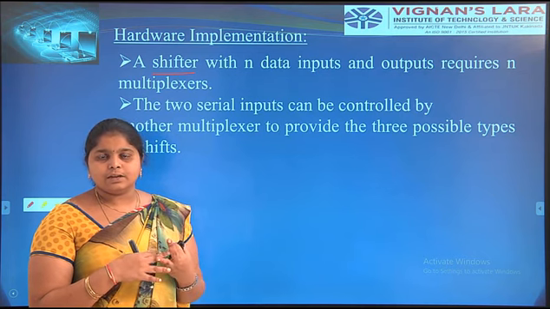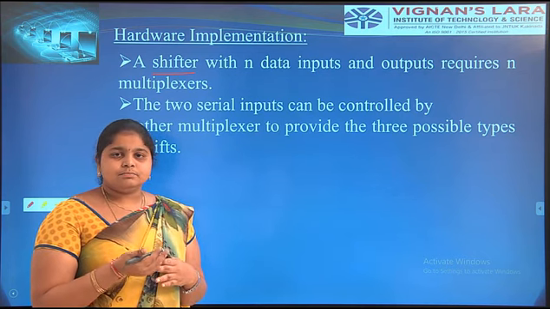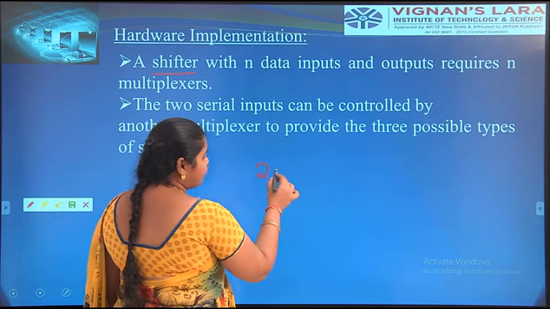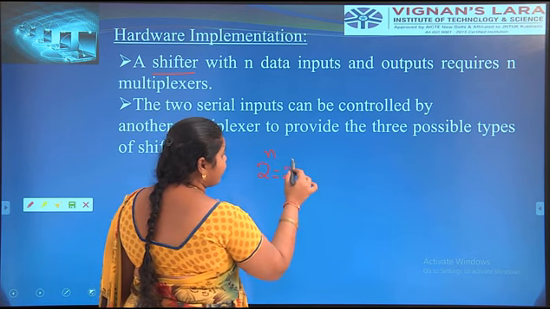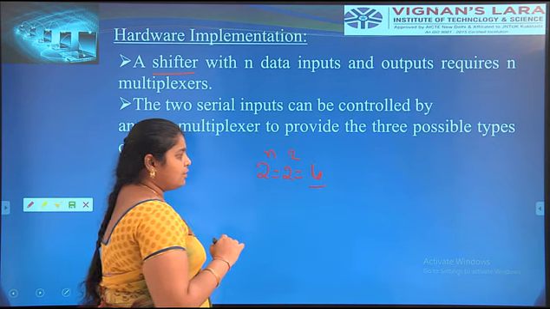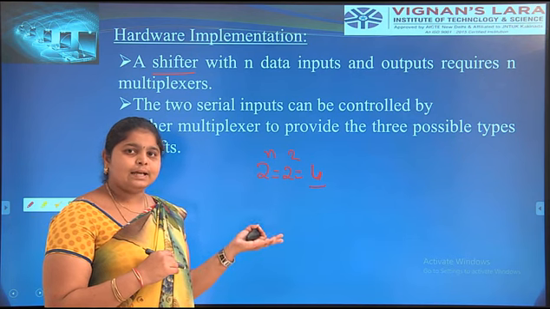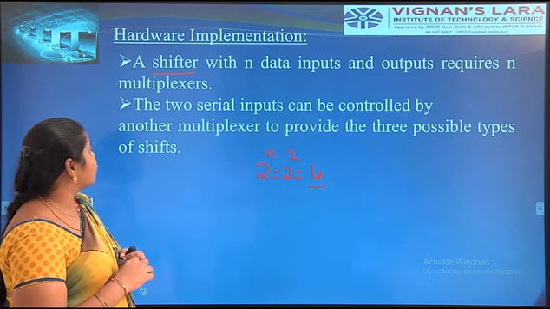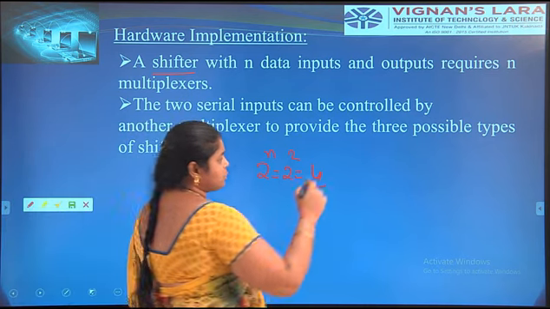With 4 data inputs, we need 4 multiplexers. In the shift hardware implementation we use only the 2 selection lines. The 2 serial inputs can be controlled by the other multiplexer to provide the 3 possible types.